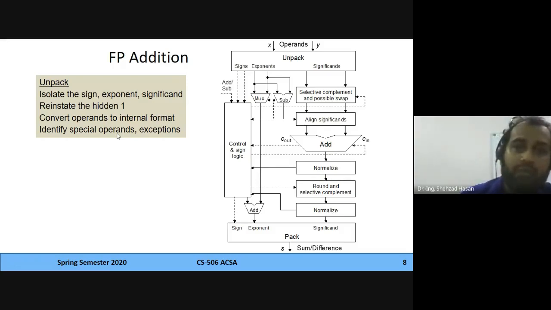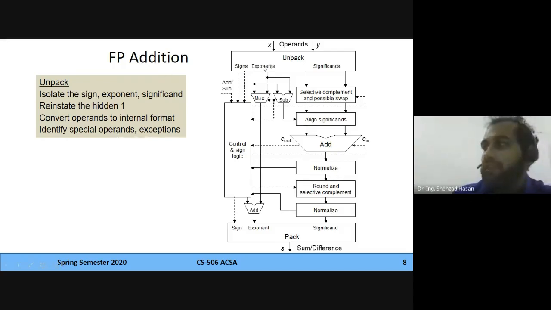If you want to add something with infinity, the result has to be infinity. As we have mentioned, infinity and zero are similar to any other normal number, but we have just given them a different representation. If these numbers come, you treat them differently.